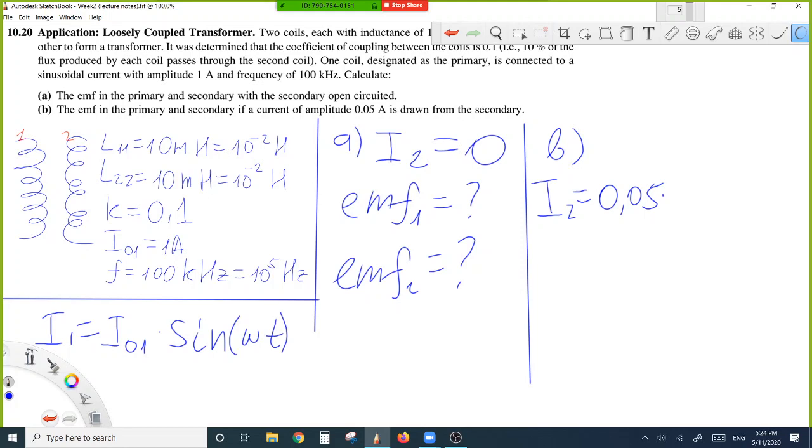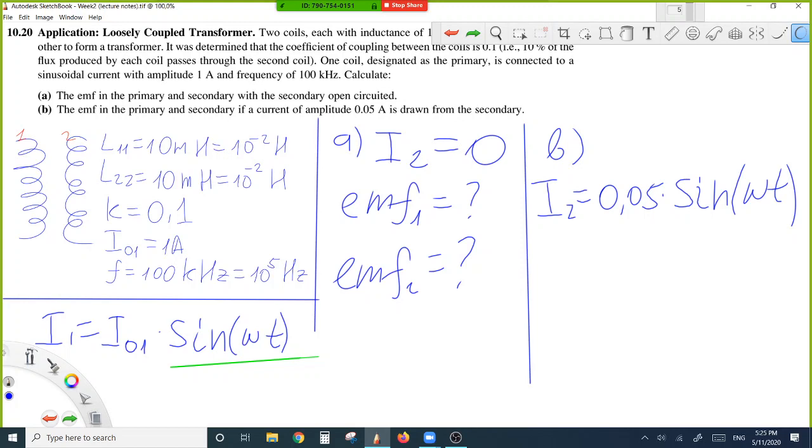If in the primary circuit we have a sinusoidal current, in the secondary circuit we will again have a sinusoidal current. It means an amplitude of 0.05 ampere multiplied by sine omega t. Also the frequency omega will be the same for the primary and secondary circuit.